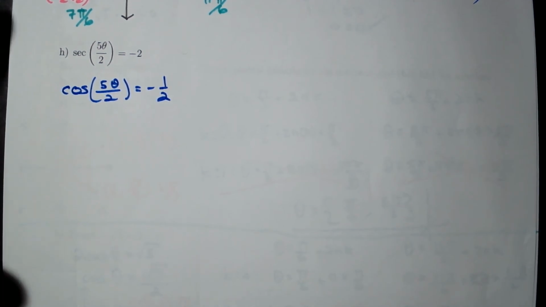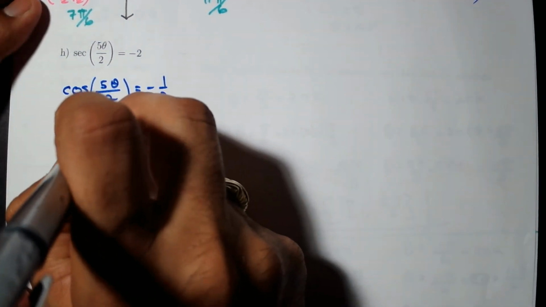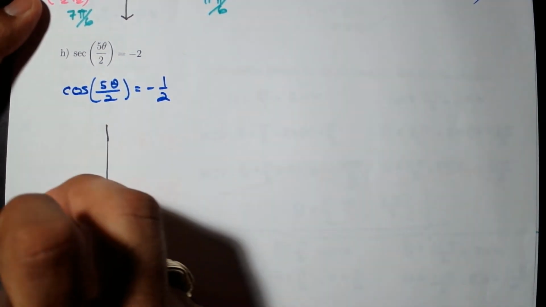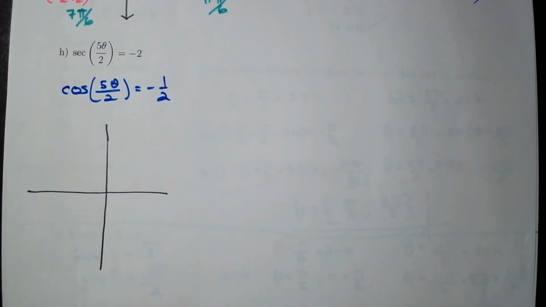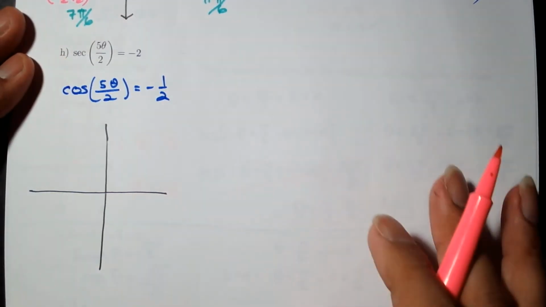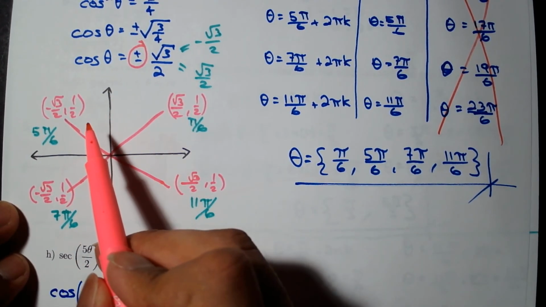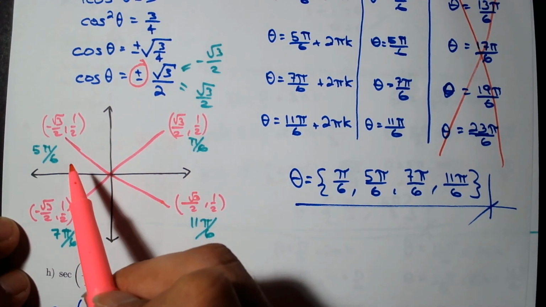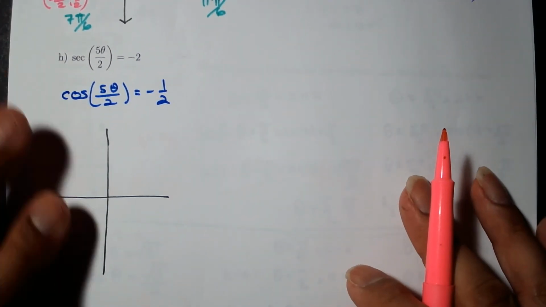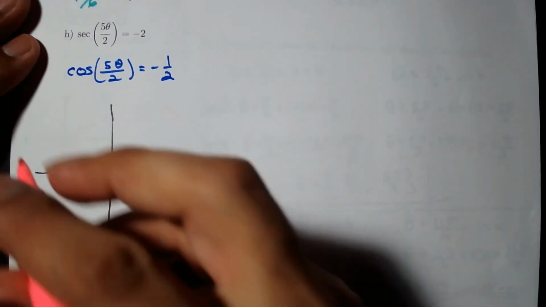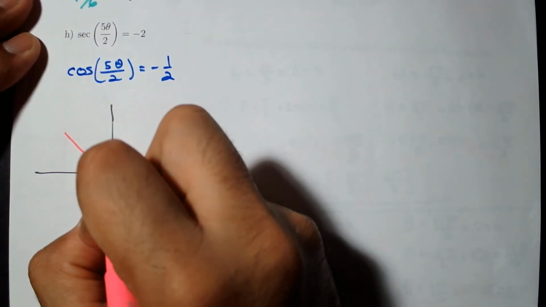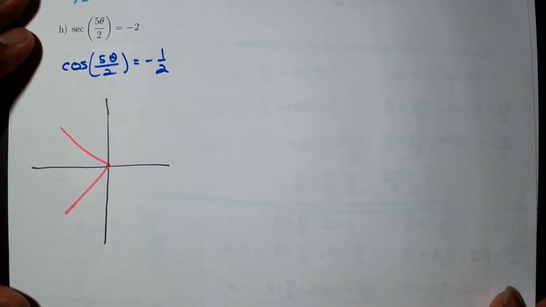Now, let's do the usual Cartesian plane. Cosine is negative for two different angles. We can use the picture from the previous example. Cosine is negative a half, not negative root of 3, and it's in quadrants 2 and 3.